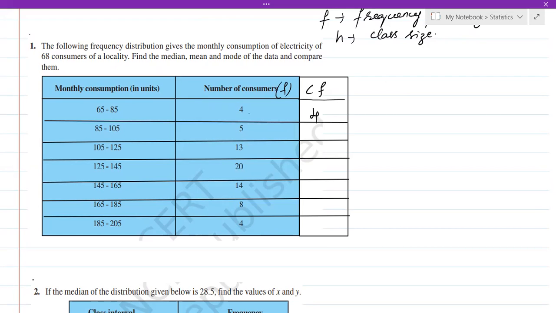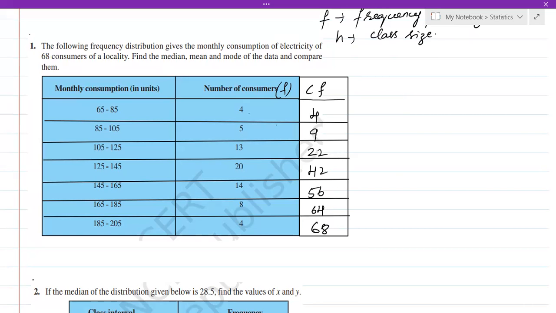Now to find the next one, you have to just add the next: 4 plus 5 is 9. 9 plus 13 is 22. 22 plus 20 is 42. 42 plus 14 is 56. 56 plus 8 is 64. 64 plus 4 is 68.